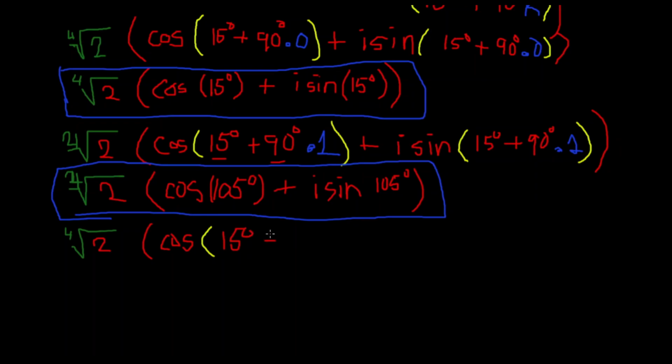Fifteen degrees plus 90 degrees times 2, plus I sine of 15 degrees plus 90 degrees times 2.